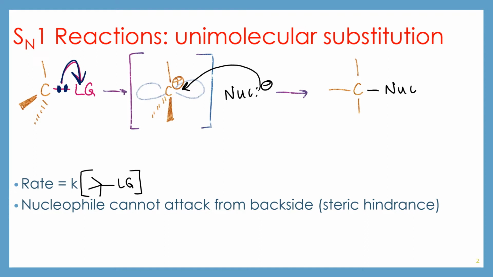So if you think back to the SN2 example, that was a methyl group that had a leaving group. In this case, we're looking at a t-butyl group that has some sort of leaving group attached to it. So there's huge electron clouds on each of these methyl groups. This is actually a very sterically hindered carbon, even though we're trying to represent an entire methyl group with a stick.